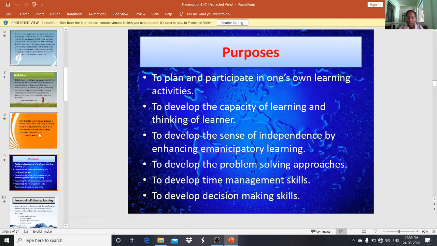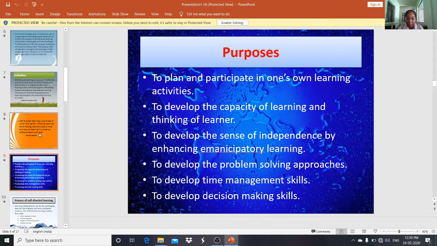To develop the sense of independence by enhancing emancipatory learning: in order to develop independence of learning, it enhances emancipatory learning. To develop problem-solving approaches: in order to solve a problem or answer a question, self-directed learning makes it easy and very feasible for an individual.